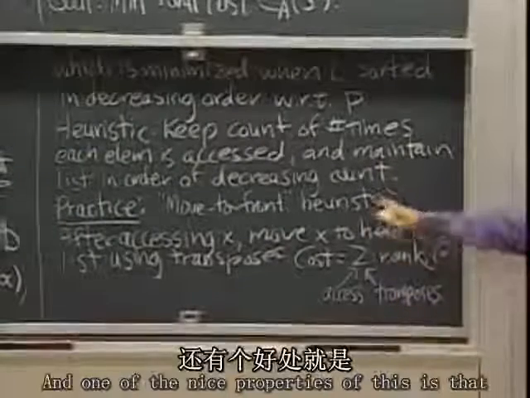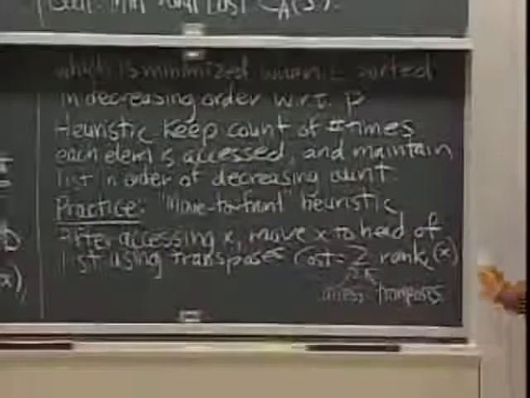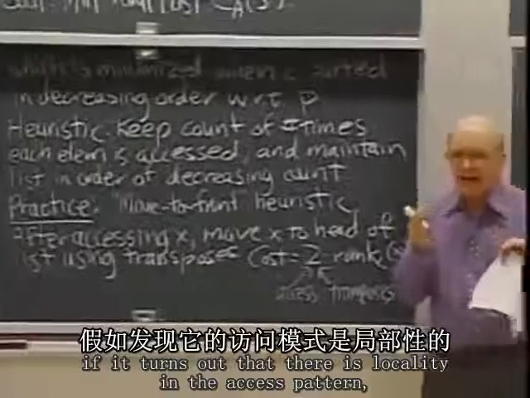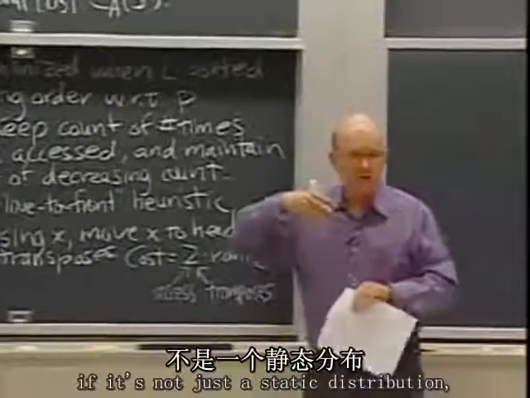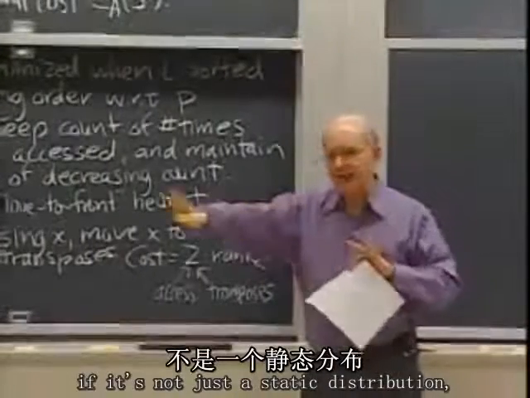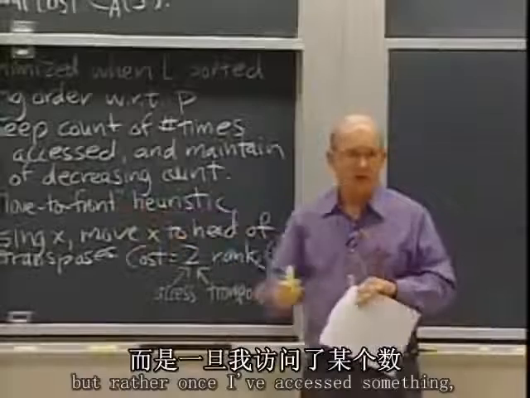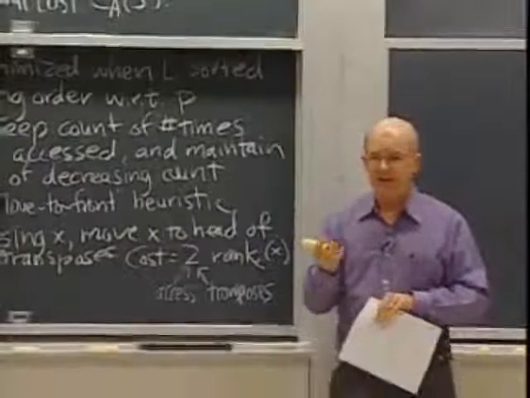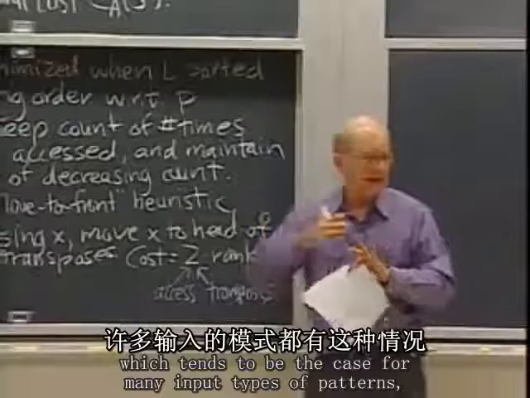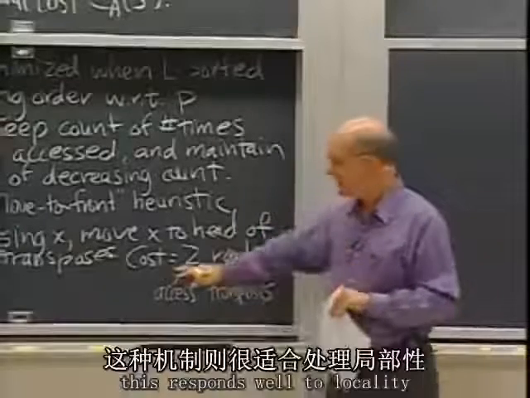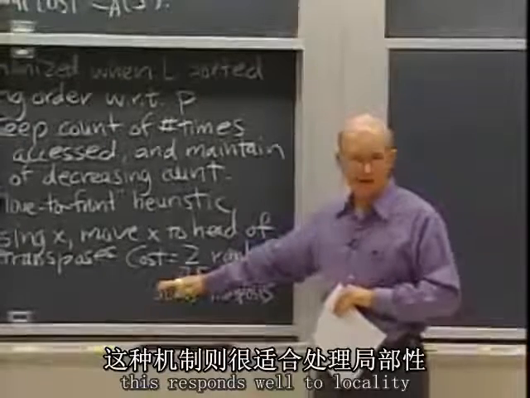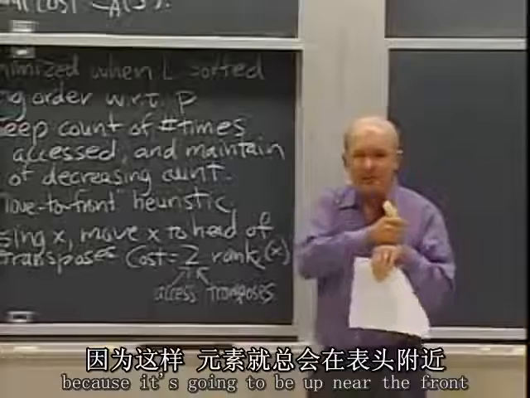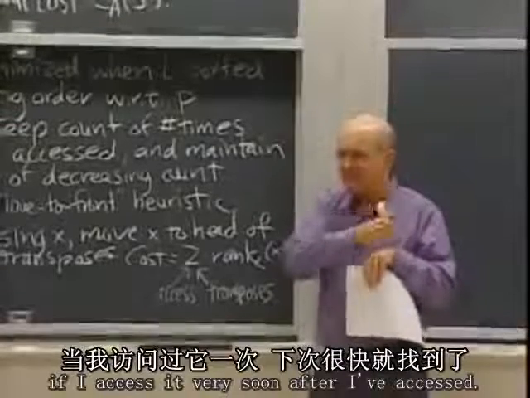And one of the nice properties of this is that if it turns out that there's locality in the access pattern, if it's not just a static distribution, but rather once I've accessed something, it's more likely I'm going to access it again, which tends to be the case for many input patterns, this responds well to locality, because it's going to be up near the front if I access it very soon after I've accessed it.